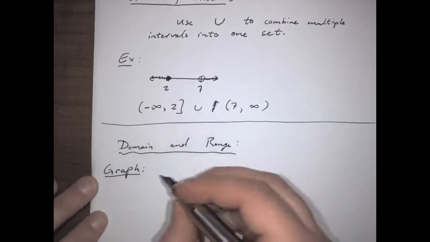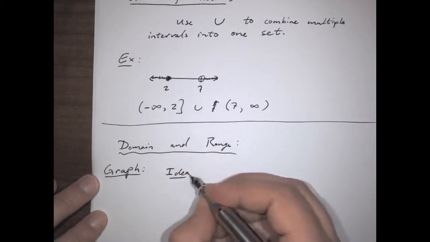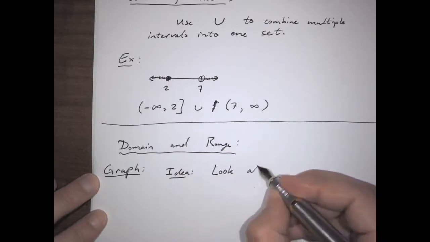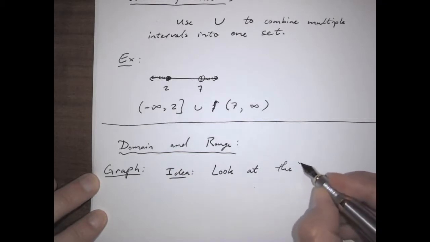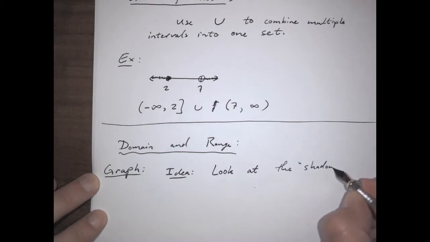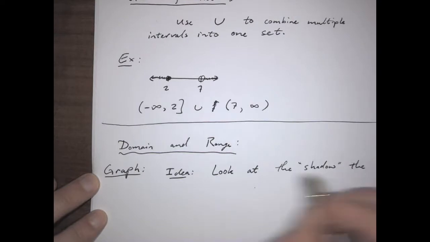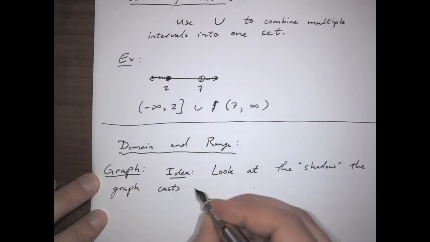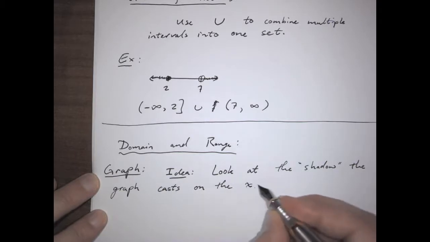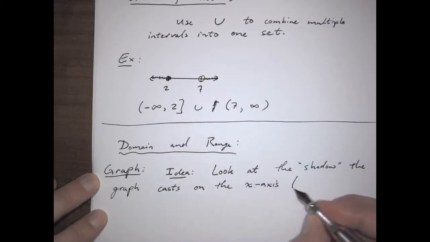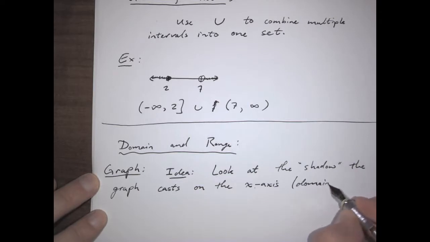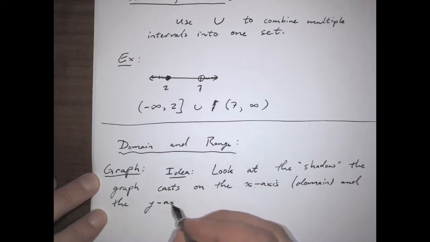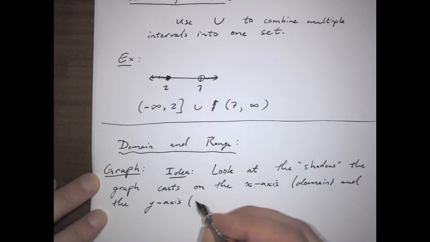Given a graph, the idea here is just look at the quote shadow the graph casts on the x-axis, that'll be the domain, and the y-axis, and that'll be the range.